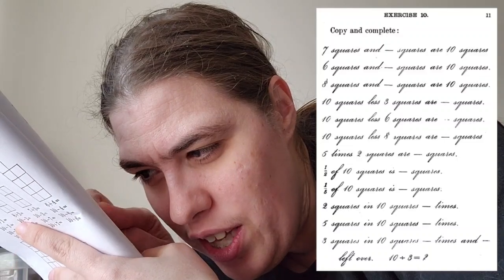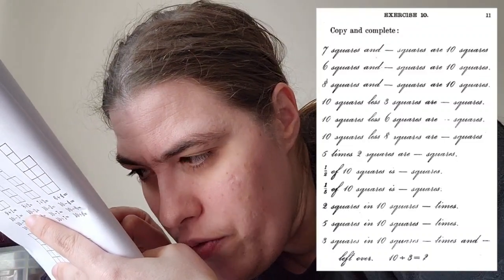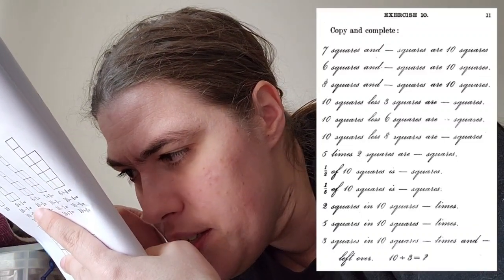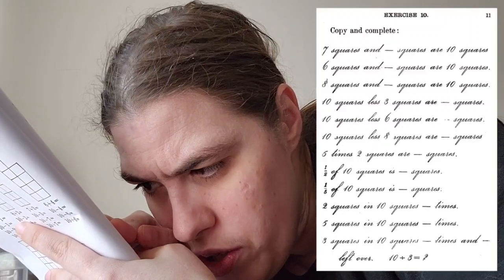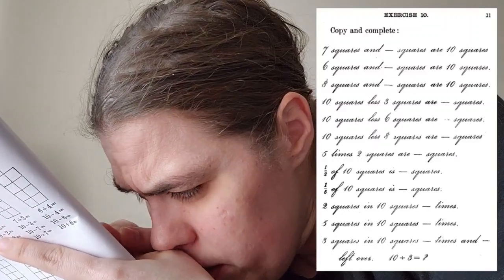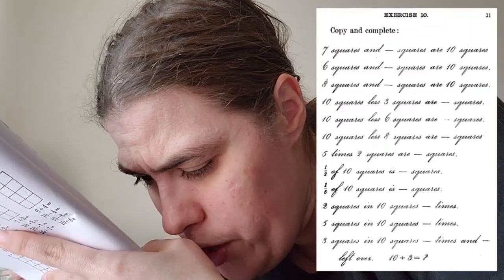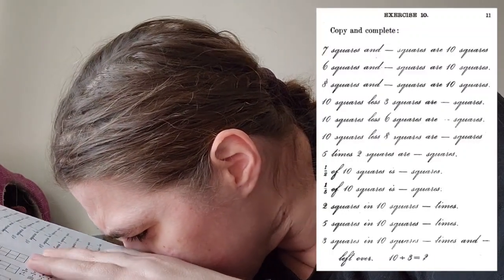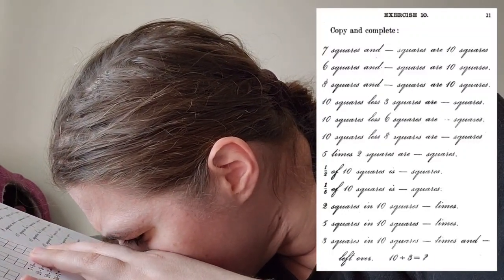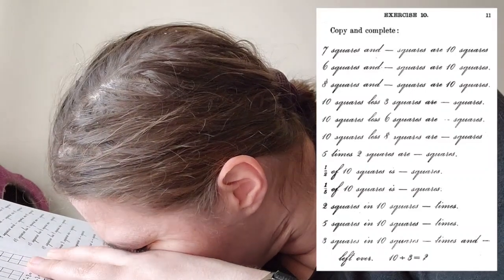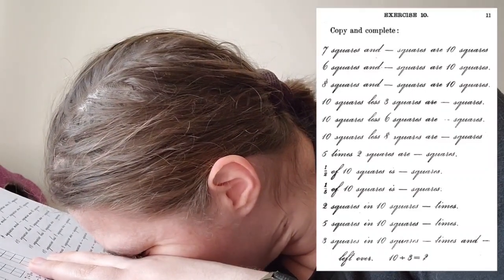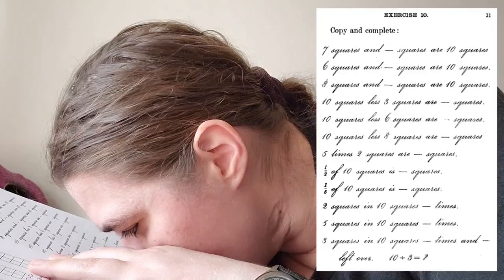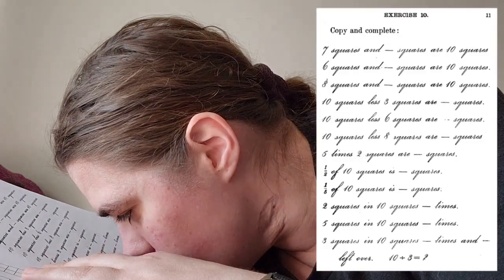It's getting really late. 1/2 of 10 squares is 5 squares. Does that say 1/5? Let's see. That's 1/2. I think it says 1/5. 1/5 of 10 squares?